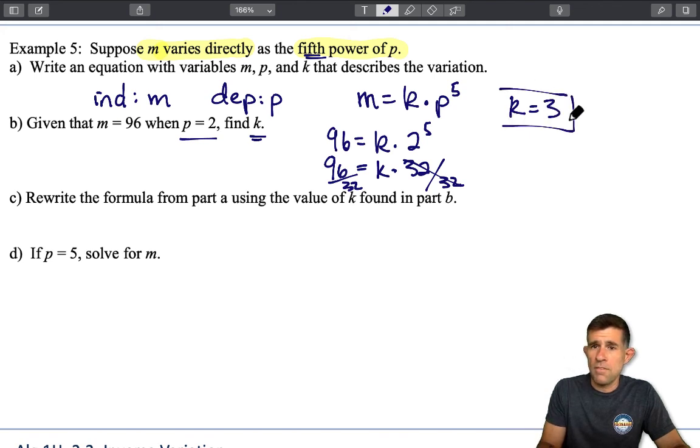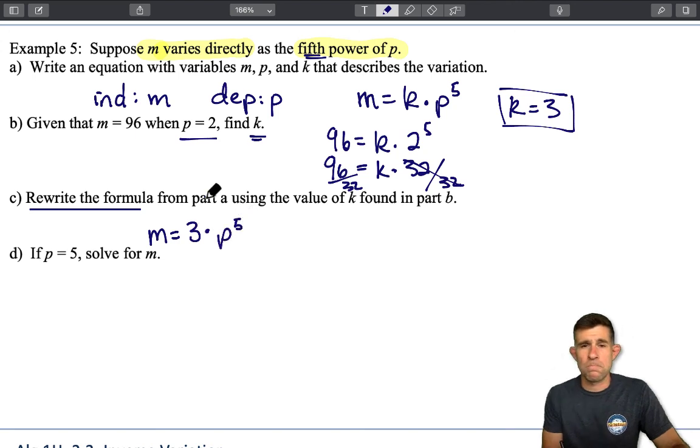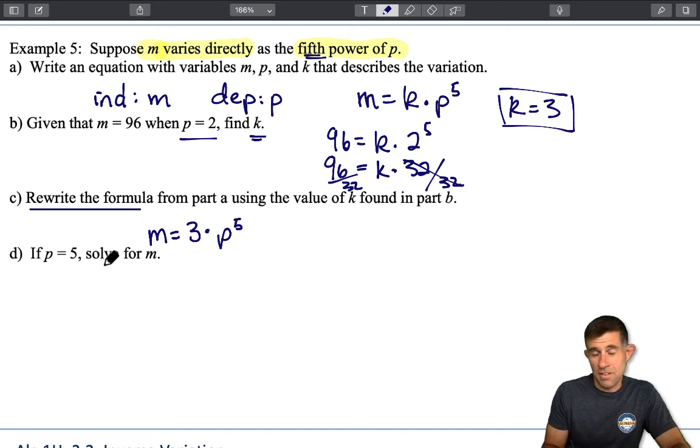All right, once I found that value of k, remember I'm going to rewrite that formula, and it should look like this. m is equal to 3 times p to the fifth. Finally, my last step in solving these direct variation equations should be to substitute in the value that I'm trying to find m for.